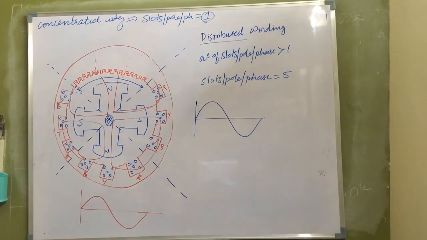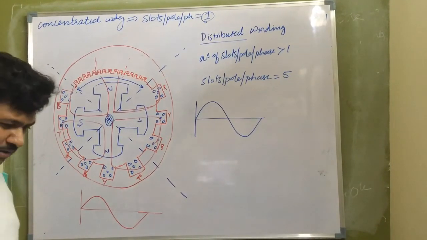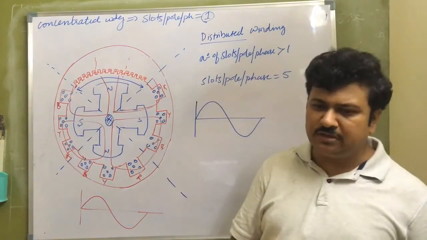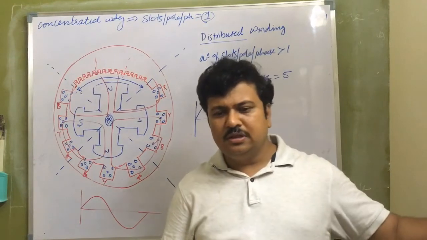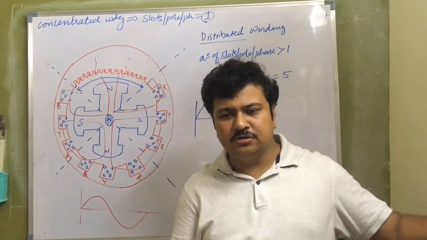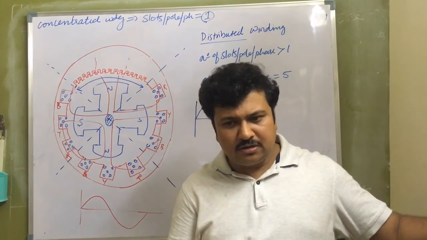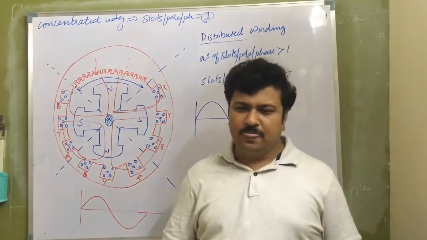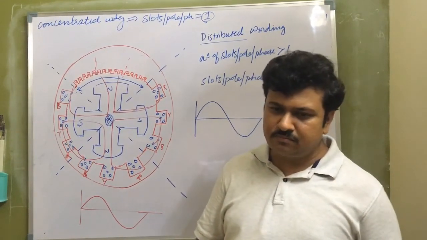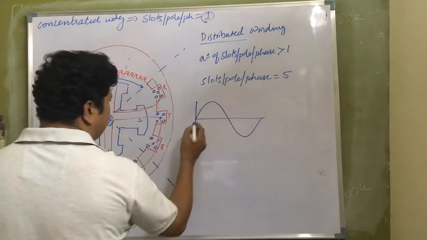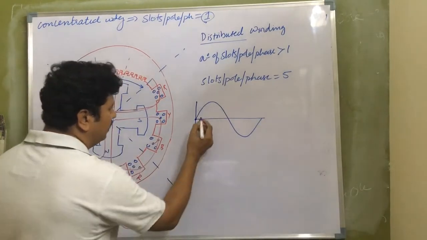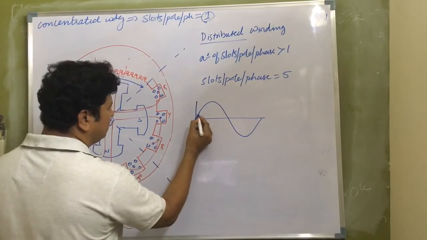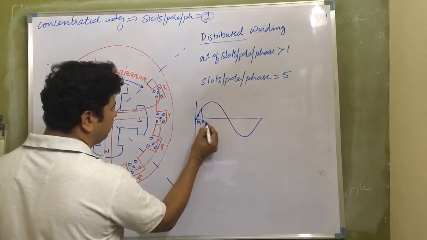Why? Because the EMF induced per phase is not equal to the arithmetic algebraic sum of the EMF induced in each conductor. It will become the vector sum. See here, the induced EMF at omega t equal to 0 is 0, at theta 1 is some value, at theta 2 is some value.